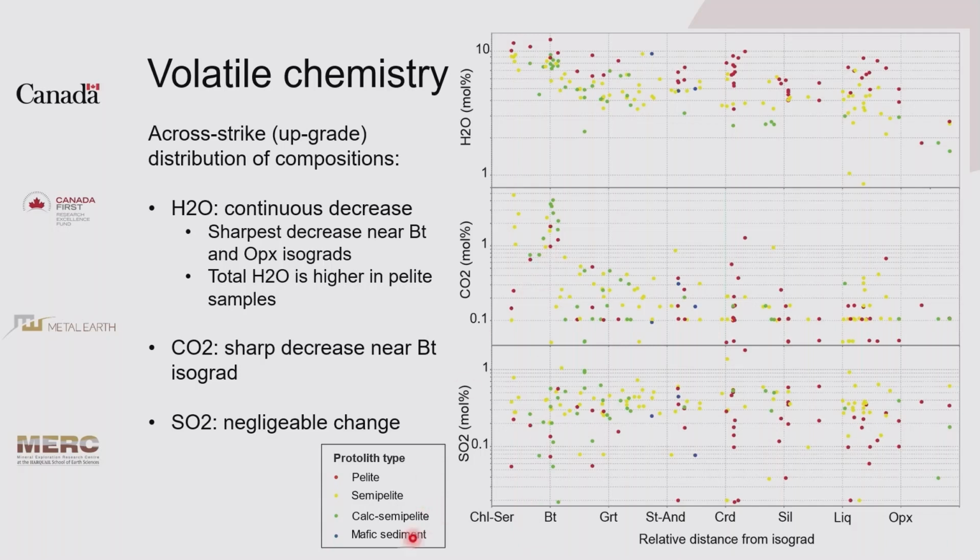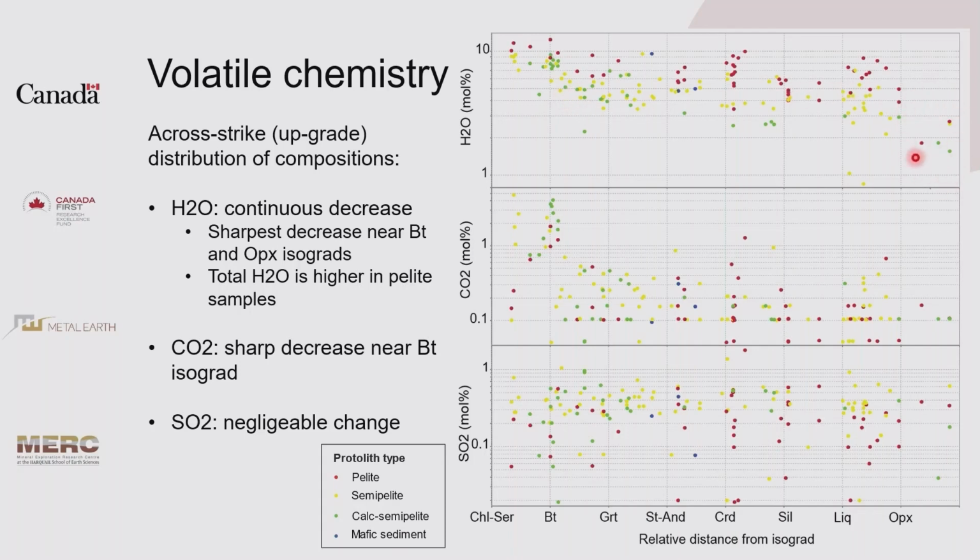For water, we see basically a continuous decrease throughout the whole sequence of isograds. I would say the most prominent decreases occur just after the biotite isograd. There's a drop from about 8 or 10 to 6 mole percent water, and then there's another big drop once we get into the OPX zone. Of course, that's when biotite is breaking down to form OPX.